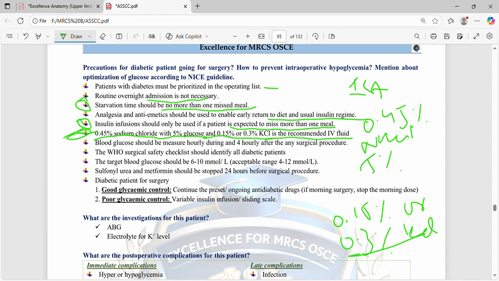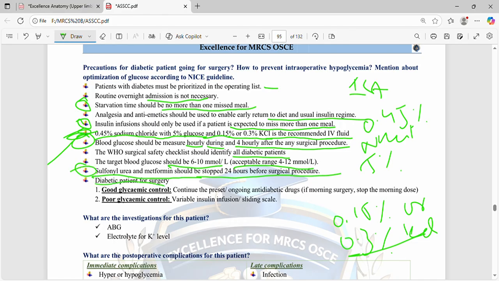Blood glucose should be measured early, during surgery, and 4 hourly after any surgical procedure. The WHO surgical safety checklist should identify all diabetic patients. The target blood glucose should be 6 to 10 millimole per liter, with an acceptable range of 4 to 12. Sulfonylurea and metformin should be stopped 24 hours before surgical procedures.